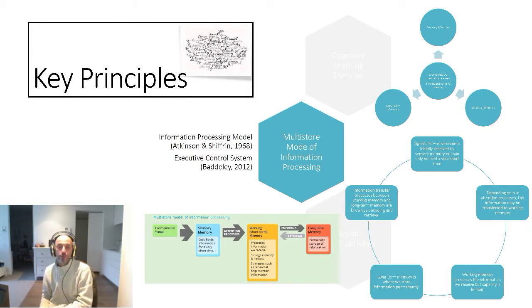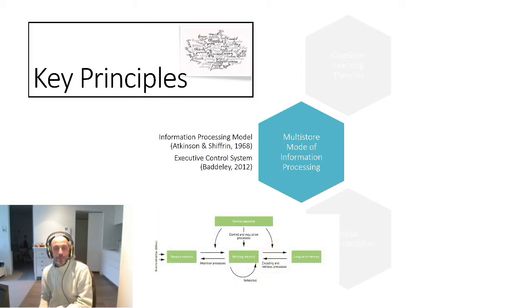It's only retained for a short period of time. If we pay attention to it, then we will transfer some of that information into our working short-term memory. But there's only a limited amount of storage capacity there. And strategies such as rehearsal help us to retain that information, and then there's a process by which information goes into long-term memory, which is encoding, and the process by which we retrieve that is called retrieval.